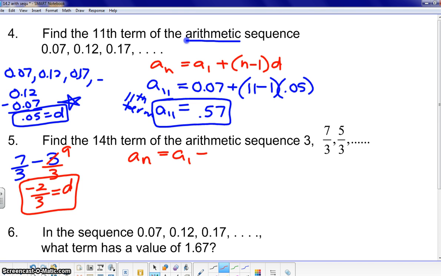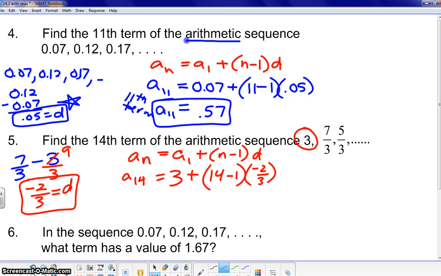Now we're going to use the same formula again, A1 plus n minus 1 times d, and we want to find the 14th term. So now n is going to equal 14. The first term is 3 plus 14 minus 1 times the common difference of -2/3.